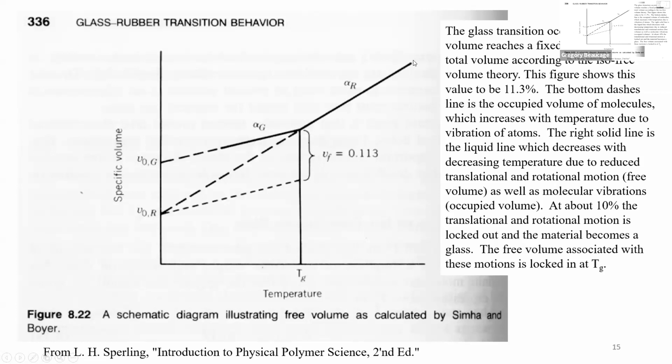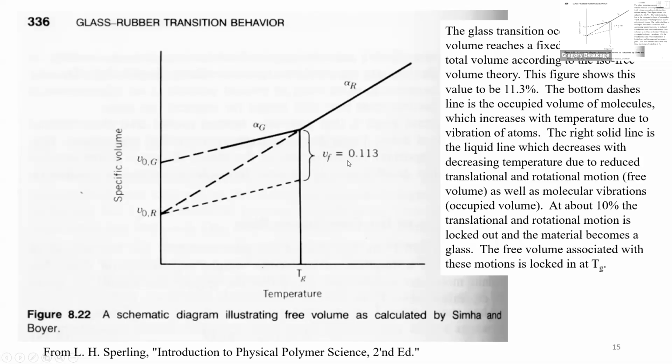As you cool down the liquid, the density is dropping, and then you reach a point where you reach 11.3% free volume, and then the particles stick together and make a glass. They can't move anymore. So you have more free volume in the liquid state, then you reach the glass transition, reach 11.3, and that's where it locks up.